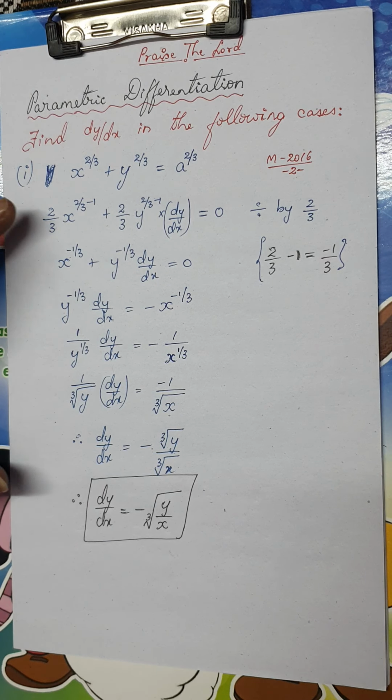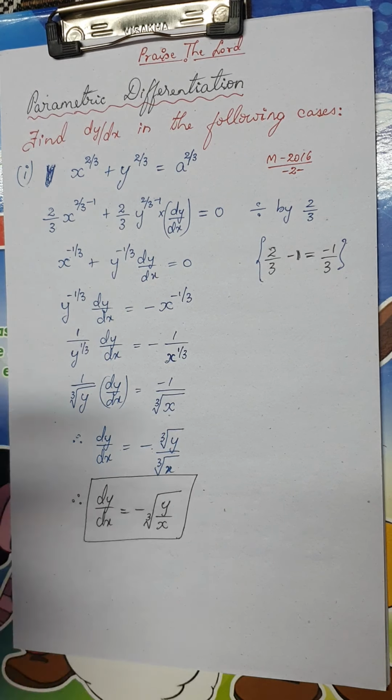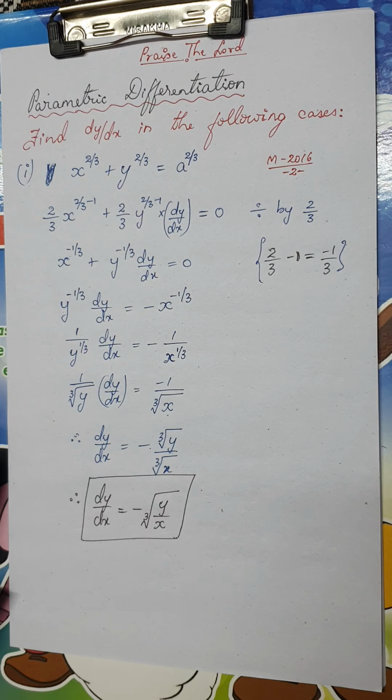Remember, this is a worked example. In the worked example, he has solved the same question using parametric differentiation. So you can try the same question in that method. I am giving you the alternative method. We'll move on to the next question.